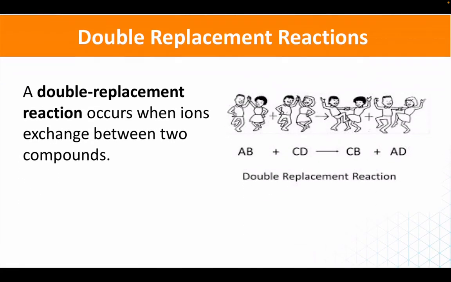Next, I want to cover double replacements. So double replacement reaction, I think of it as the metal or the cation switch spots. And then when you come over here and write the formulas, you do have to balance the charges to write the neutral formula.